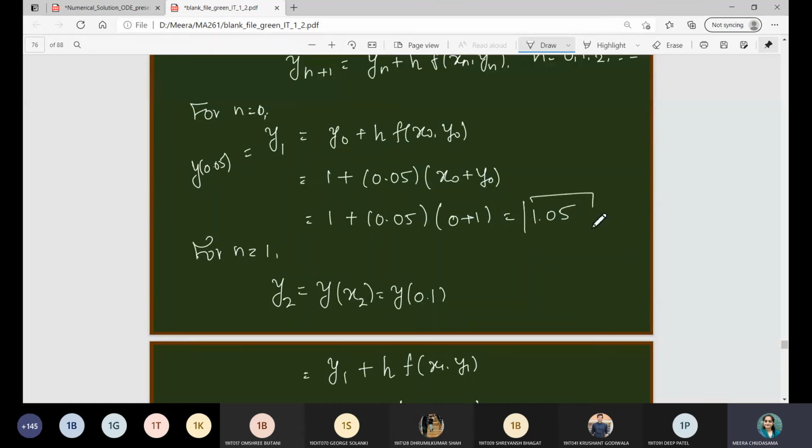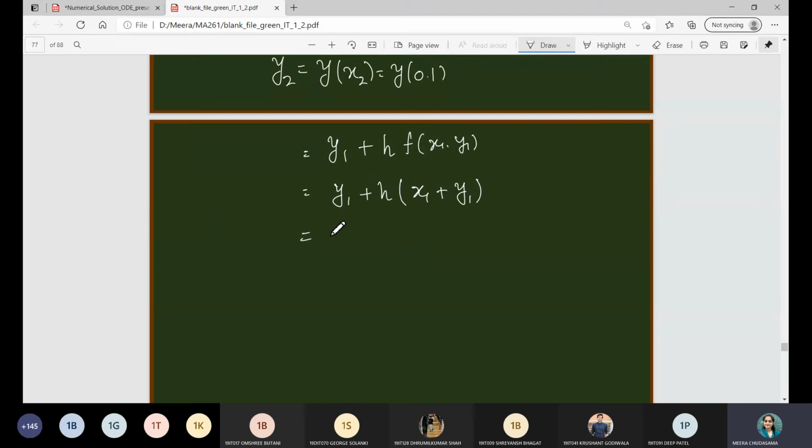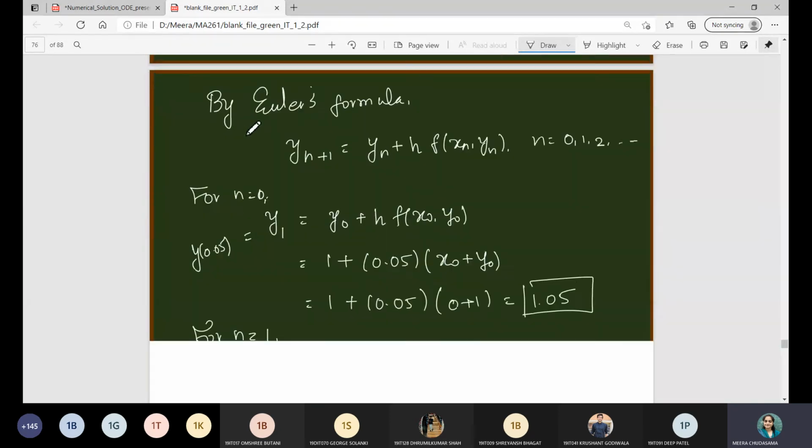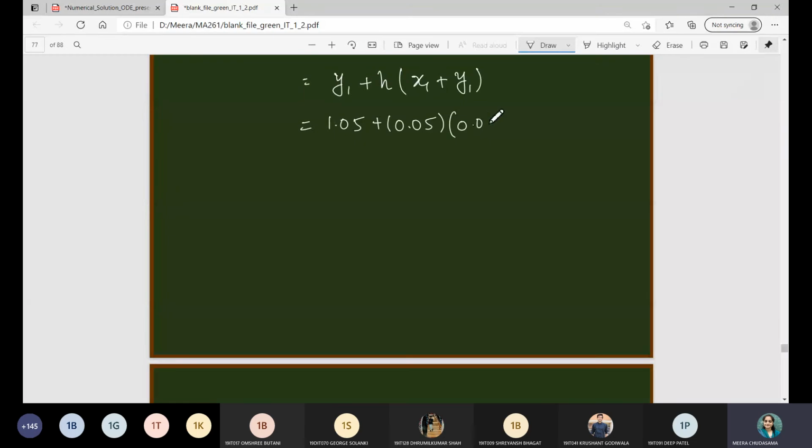What did we get for y1? 1.05 plus h, 0.05, times x1, which we have written over here, 0.05, plus 1.05.